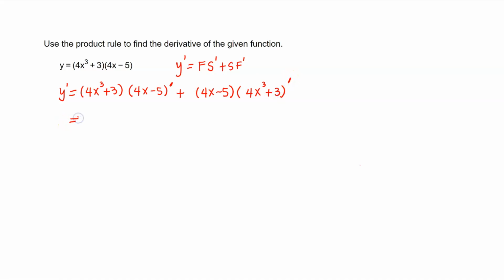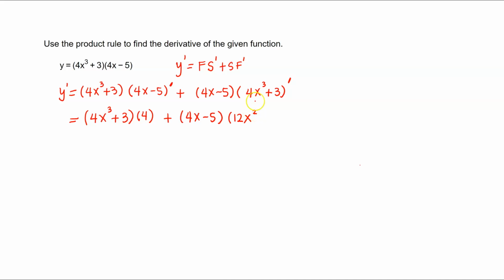Then we go ahead and perform the differentiation. You have 4x cubed plus 3 times the derivative of the second, which is 4, plus, copy the second function, 4x minus 5, times the derivative of the first. The derivative here is 12: you multiply 4 and 3, that's 12x, and then subtract 1 from the power, x squared.